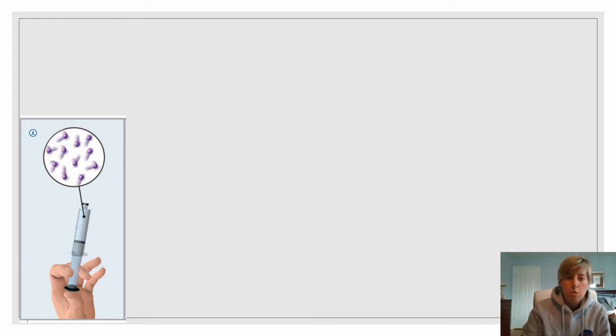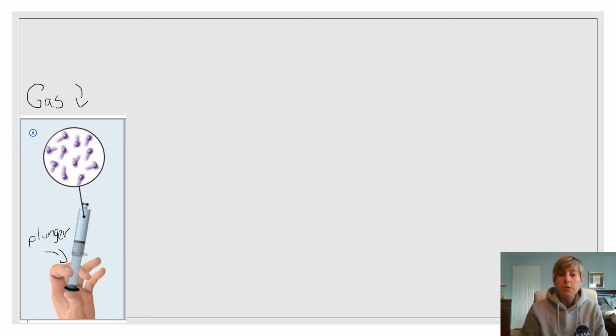Now, what we actually have right here is a syringe that is filled with a gas. If I'm looking at my syringe and my gas, what's really important here is this part of the syringe is my plunger.